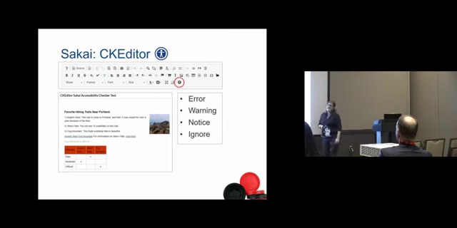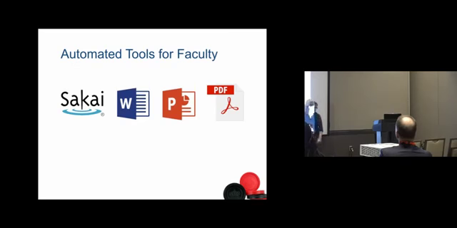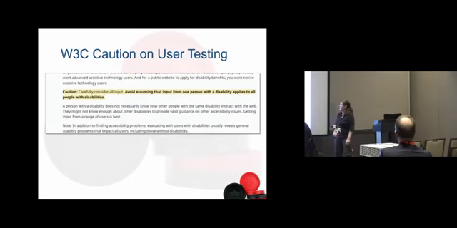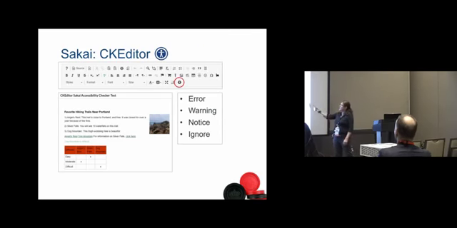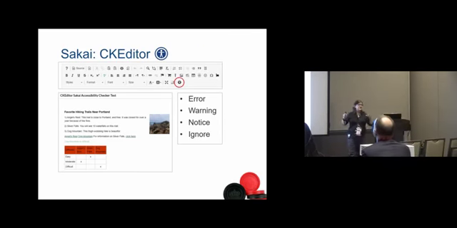I used to work in Canvas, and it was the same thing. And it works only in the CKEditor. So it doesn't check files, it doesn't check anything that's attached other than that text edit. So looking at this, can you tell me maybe some of the things that I put in there that are inaccessible?